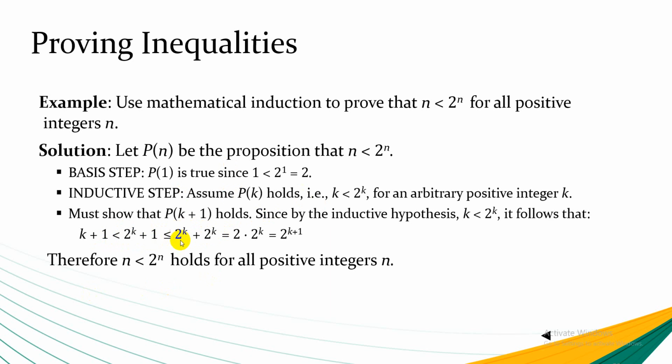Then this can be written as 2 times 2 to the power k, because a plus a is equal to 2a. 2 times 2 to the power k is equal to 2 to the power k plus 1. So we have proven here that k plus 1 is less than 2 to the power k plus 1, starting from the hypothesis k is less than 2 to the power k. Therefore, n is less than 2 to the power n for all positive integers.